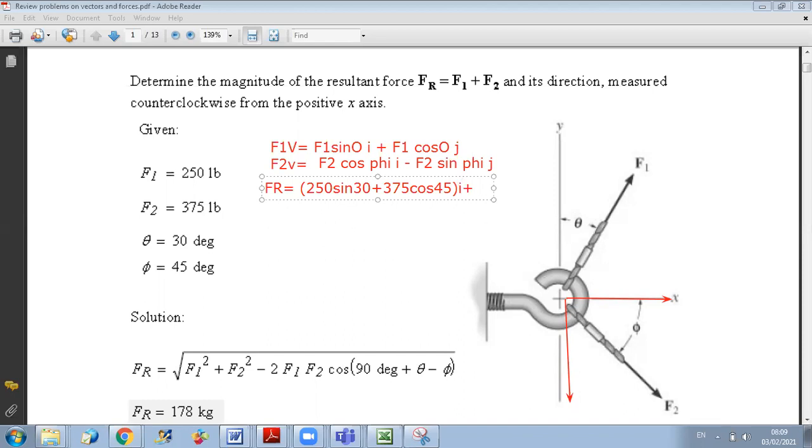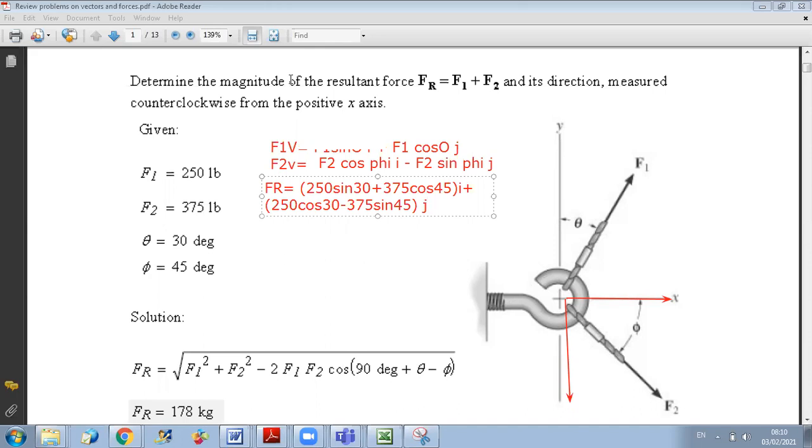And along j, we have for F1, 250 cosine 30, and for F2, it is minus 375 sine 45, along j. As you can see here, we will have a positive component along i, okay, and a negative component along j. So the force we will have will be like this.